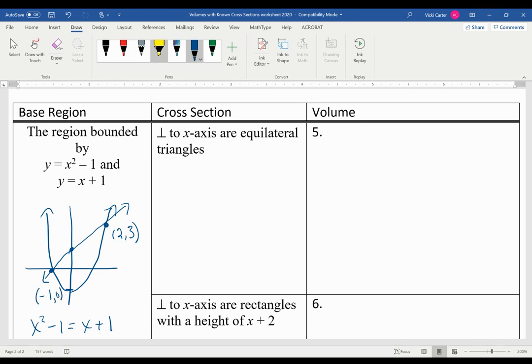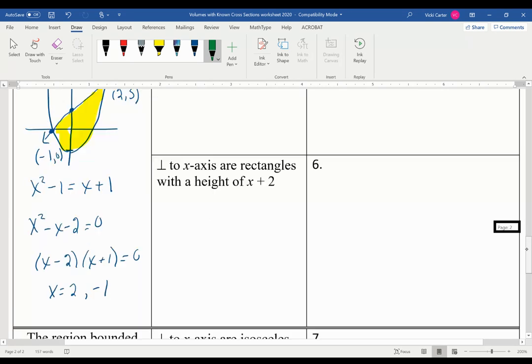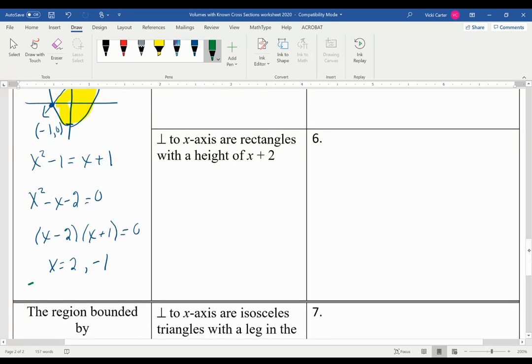Okay, so our base region is this region. That means that our slice is going to be top minus bottom. So that's going to be the line x plus 1 minus the parabola, which is x squared minus 1. So that's going to give us the length of our slice, which I didn't draw.